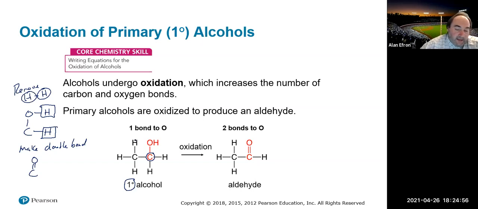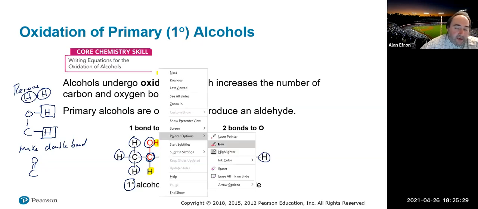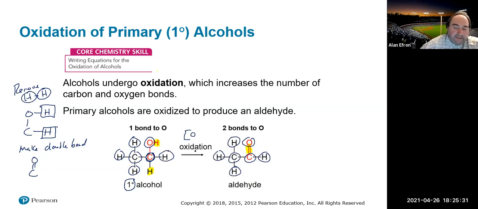Again, nothing else changes. We have 1, 2, 3 hydrogens, 1, 2, 3 hydrogens, and a carbon, absolutely the same. We have a carbon, same carbon. We have an oxygen, same oxygen. And we have one hydrogen, one hydrogen. What did we remove? We removed one hydrogen from the oxygen, one from the carbon, and we double bonded those two. When a primary alcohol goes through an oxidation, which is sometimes abbreviated with this symbol, it makes what is referred to as an aldehyde.